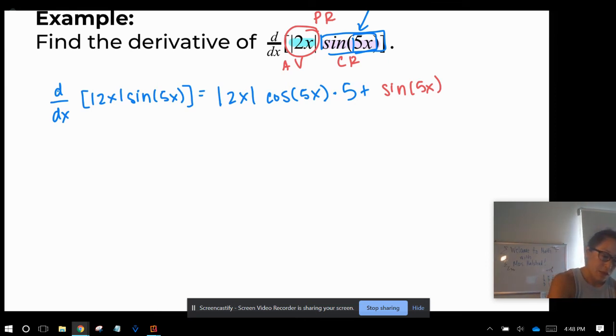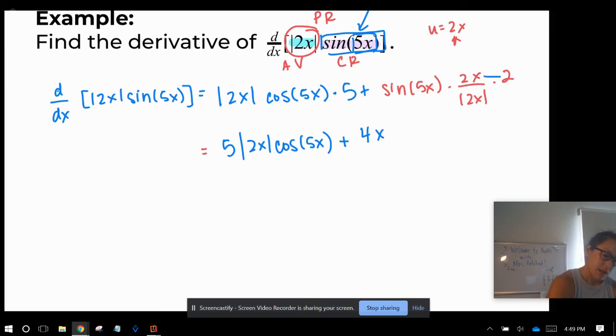So again, u is going to be 2x, so we get 2x over the absolute value of 2x times the derivative of 2x, which is 2. Simplify this to give us 5 times the absolute value of 2x times the cosine of 5x plus 4x. Yeah, combine these to give us 4x over the absolute value of 2x times the sine of 5x.